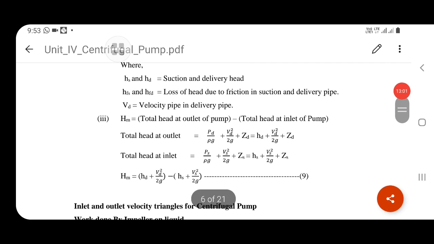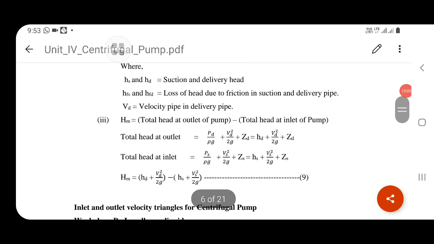So next is the head at the outlet of the pipe minus the head at the inlet of the pipe. This is the third case for manometric head. Total head means total energy: P upon rho g plus V square upon 2g plus Z. So total head at the outlet is PD upon rho g plus VD square upon 2g plus ZD.